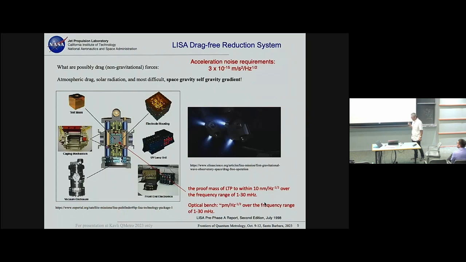But in reality, if you just build a box, all those things will go away. But there's a very persistent local disturbance, the spacecraft self-gradient, which is a much more serious problem. This is a little bit similar to the ground gravity gradient noise that I talked about.